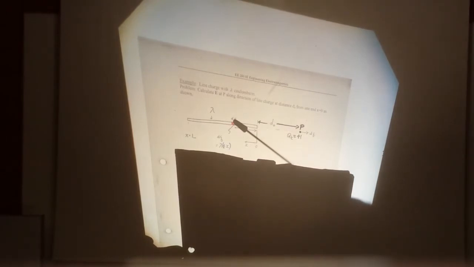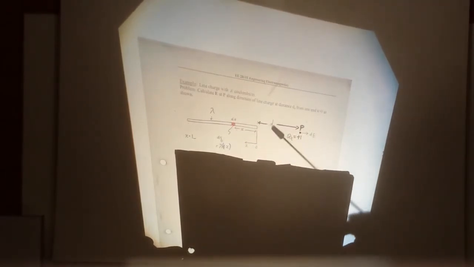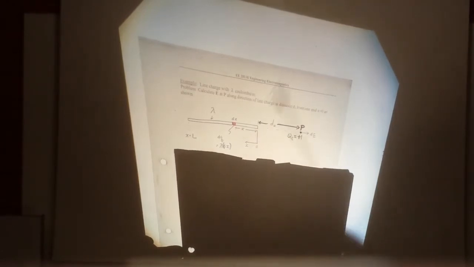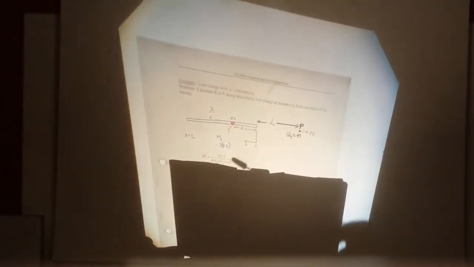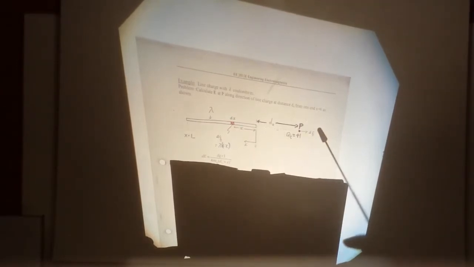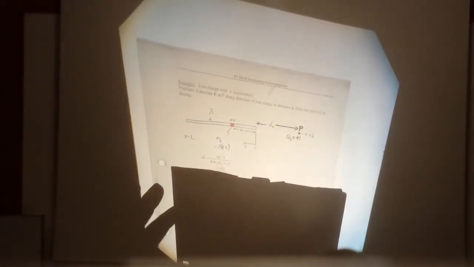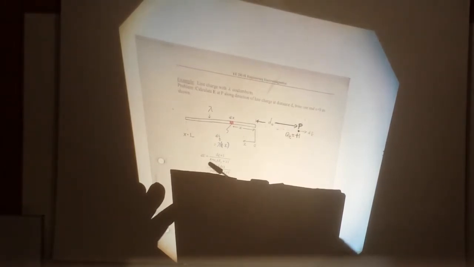So dq times 1 over 4 pi epsilon, times (d0 plus x) squared, gives you the contribution dE. You can see the force acting is repulsive, assuming positive, going to the right. And here minus x is pushing this way. So finally, I have the contribution.